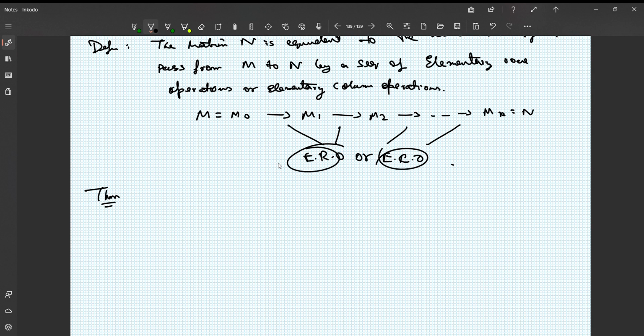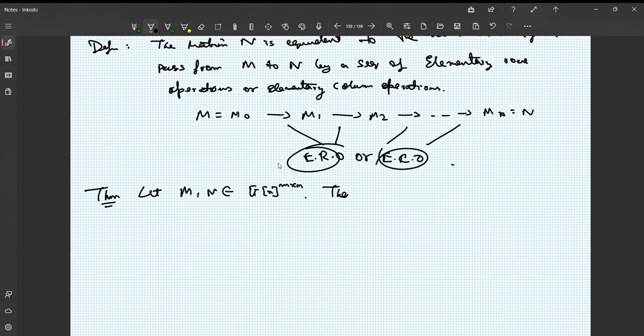Now, in case of a row operation, we have this statement. In case of a column operation, we will have the matrix on the right hand side. So you can come up with a theorem, which is also quite easy to prove. It says that M and N are equivalent if and only if there are invertible matrices P and Q such that N is equal to PMQ.